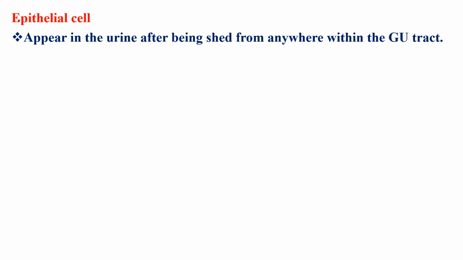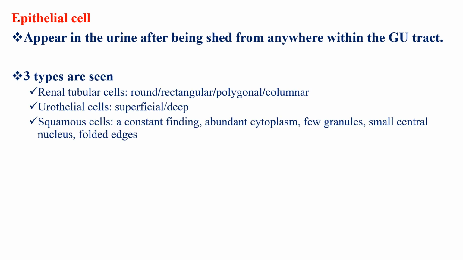Epithelial cells appear in the urine after being shed from anywhere within the genitourinary tract. There are 3 types: renal tubular cells, which are round, rectangular, polygonal, or columnar; urothelial cells, which can be superficial or deep; and squamous cells. This is a constant finding: abundant cytoplasm, few granules, small central nucleus, and folded edge.